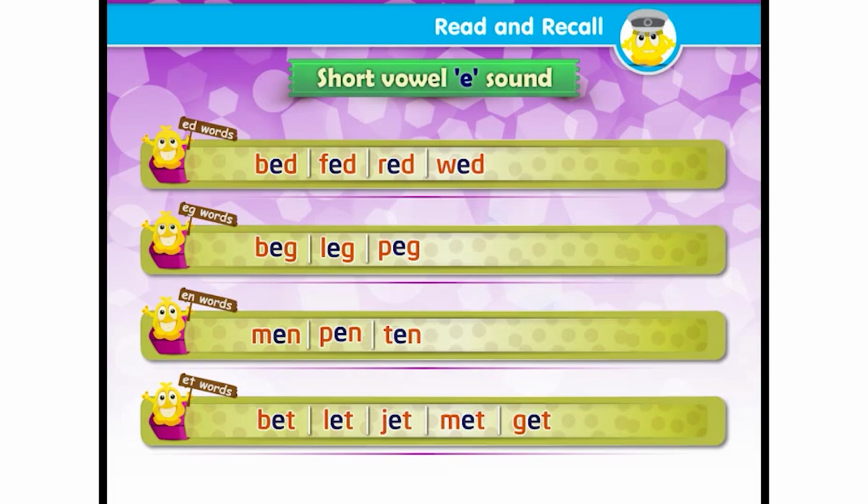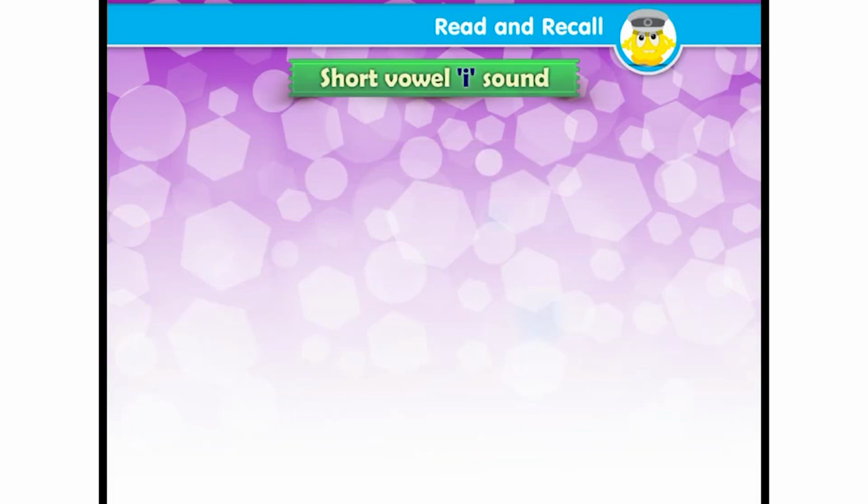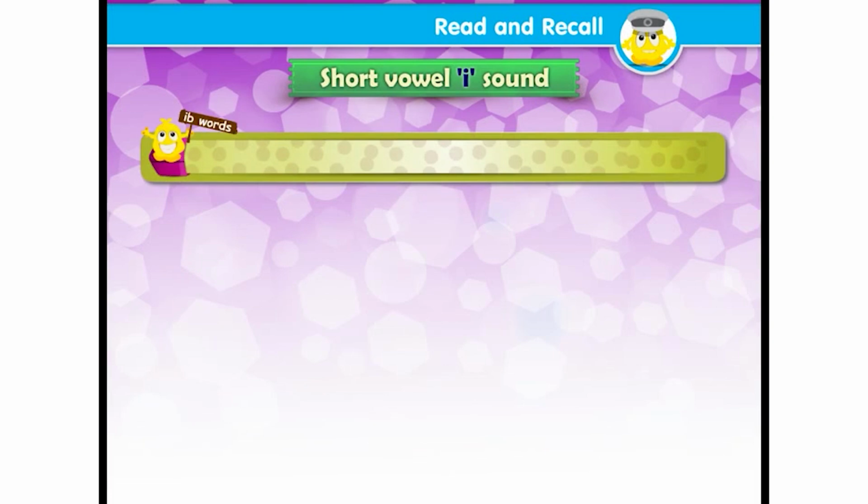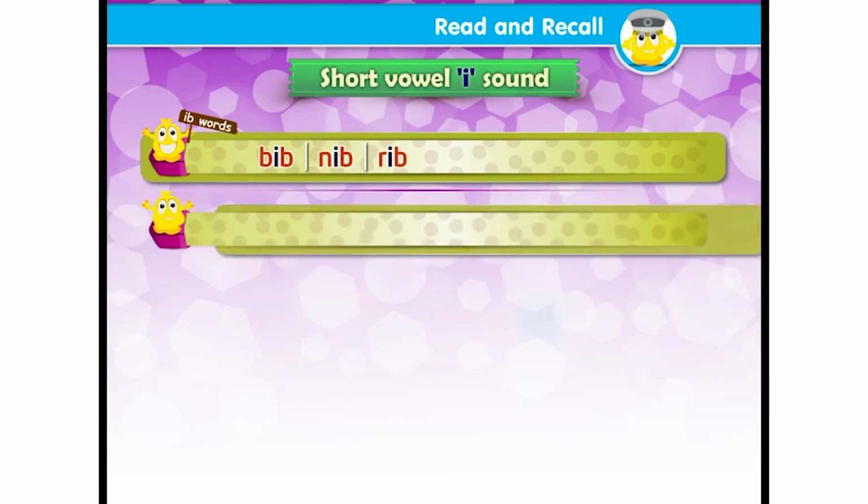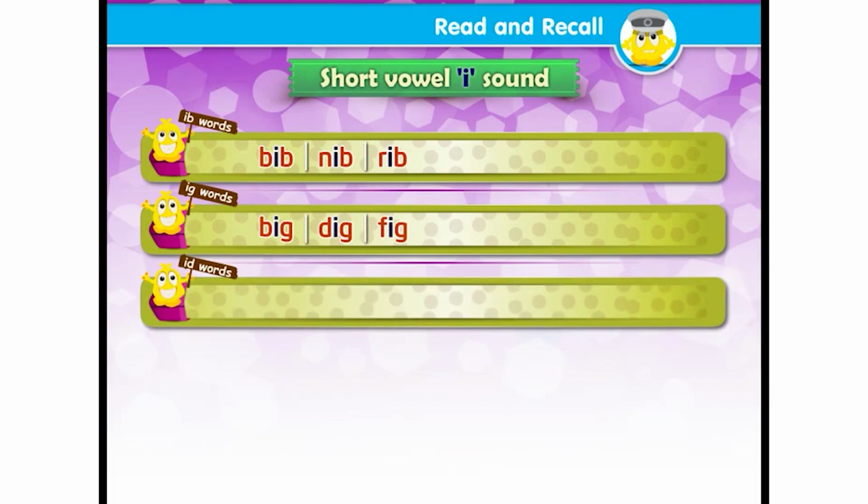Now let's recall words with short vowel I sound. Ib words: bib, nib, rib. Ig words: big, dig, fig. Id words: bid, mid, lid, kid.